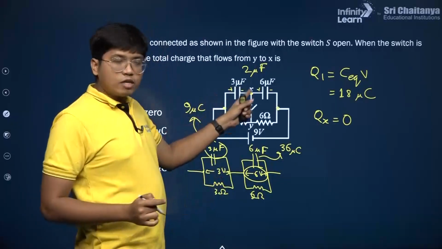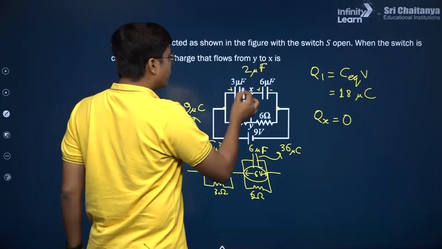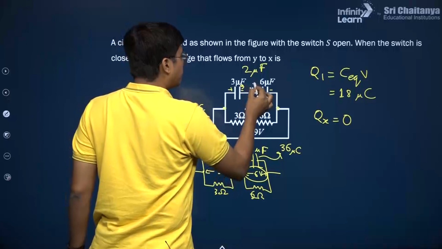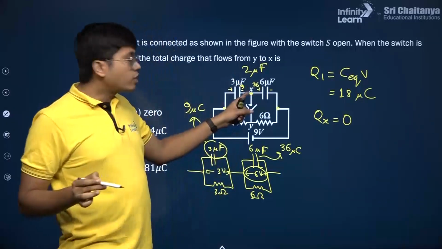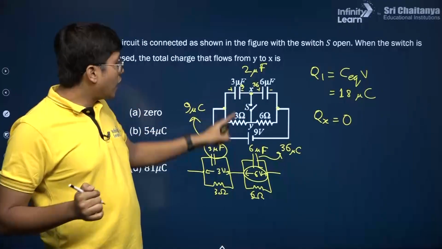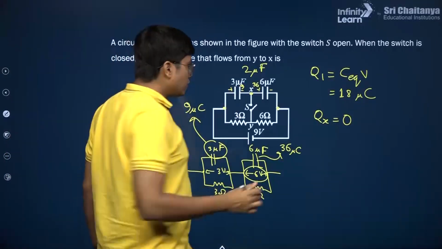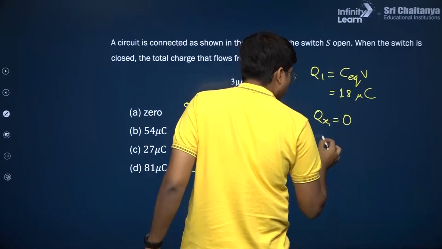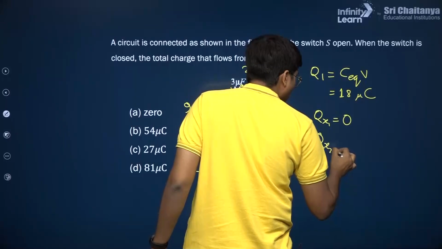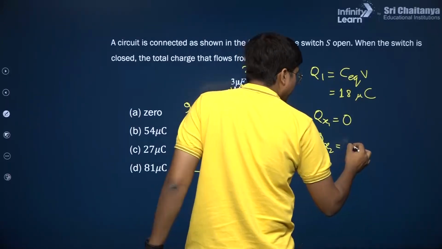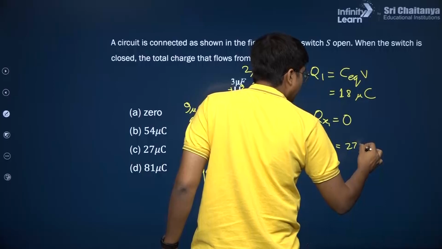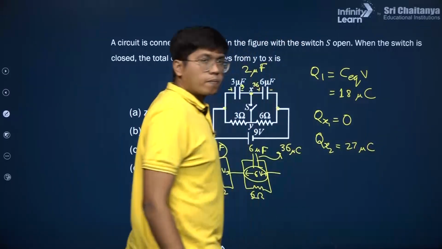Now what does that tell you? As soon as you connect this, you have minus 9 here and plus 36 here. So what is now the charge at X? The charge is 36 minus 9. So let's call it QX1. QX2 with the S connected is now 36 minus 9, that is 27 microcoulomb.